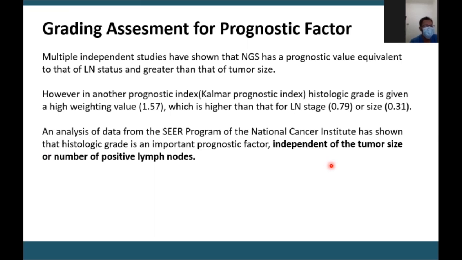Based on this, in a high grade tumor, the progression will increase, so for clinical application of therapy, we have to provide a more aggressive therapy. Whereas for a low grade tumor, the progression is lower, so the therapy we give is not as aggressive as for a high grade tumor.